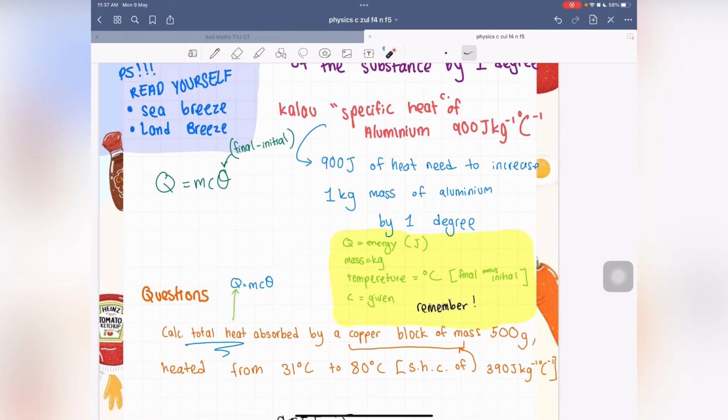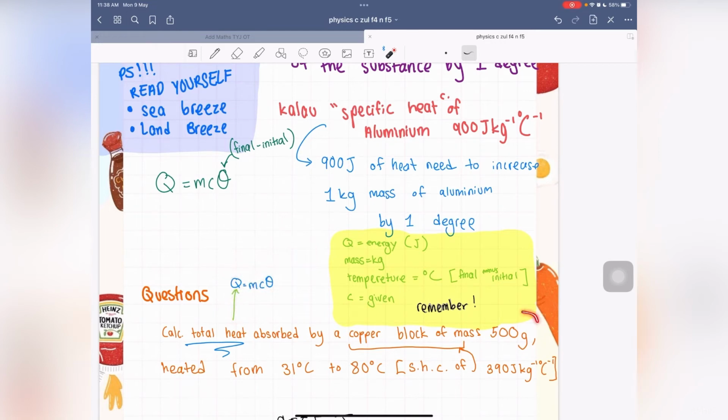Here is an example of a question: calculate the total heat absorbed by the copper block of mass 500 gram, which is heated from 31 degrees to 80 degrees. The question already tells us that the specific heat capacity of the copper block is 390. So remember our formula, the total heat, the quantity of heat we want to know, Q equals mc theta.